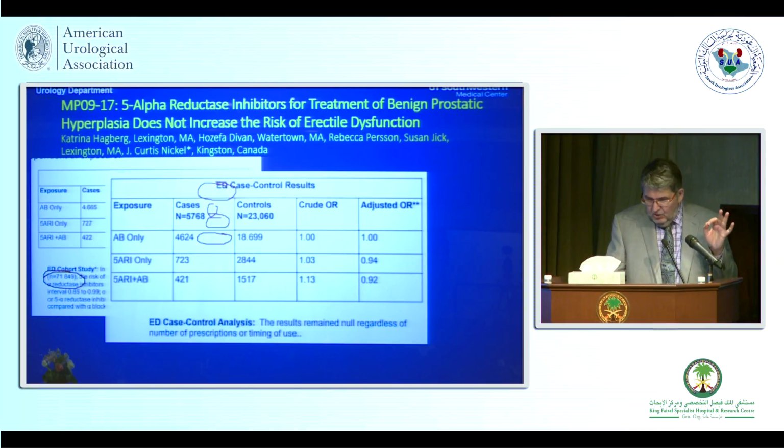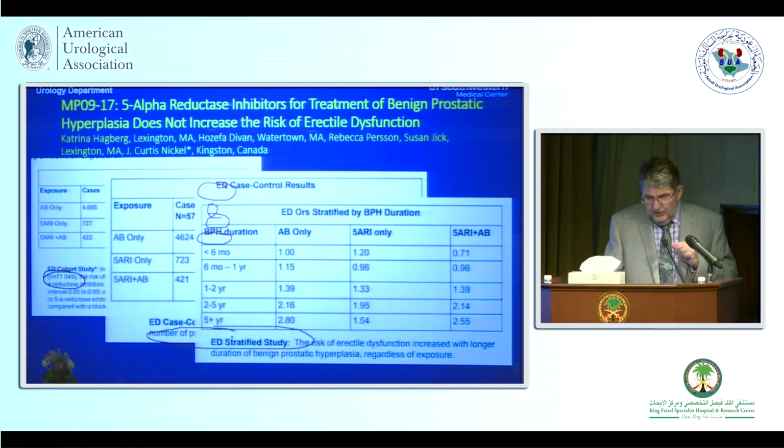This remained so regardless of the number of prescriptions or the timing of use in this case-control nested study. And when they looked at duration of treatment, you can see that after 5 years, the risk of patients reporting ED increases from 1 to 2.8 in the alpha blocker group, and in the 5-ARI group, and in the combination group.